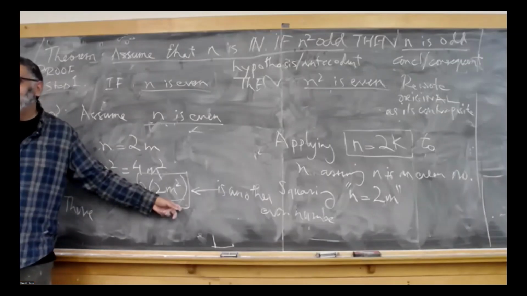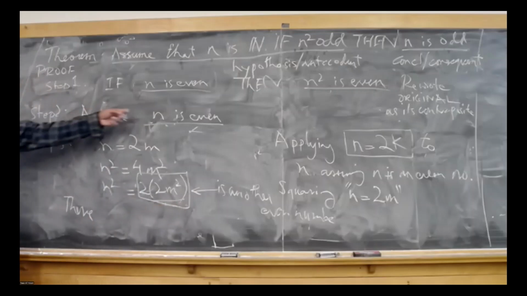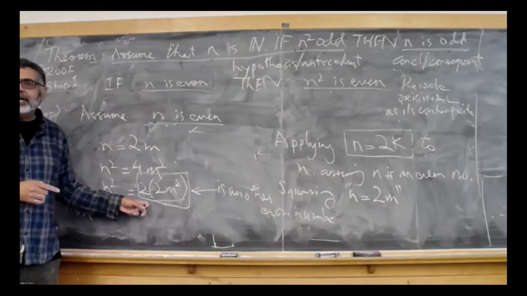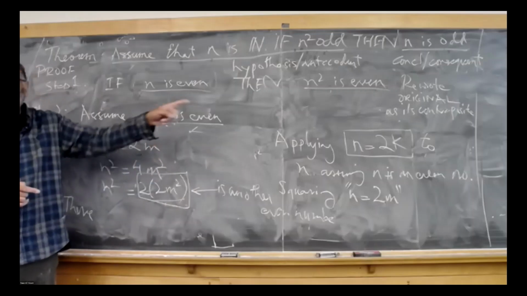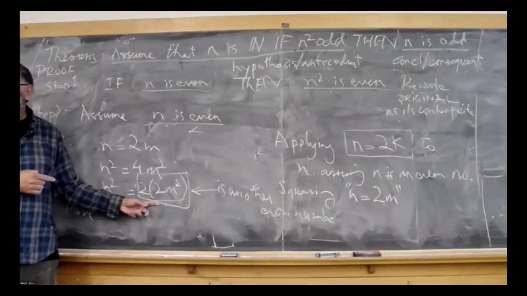It's such a simple proof that it's kind of confusing, but since we assumed n is even, the square of the even number better be even. And we prove that it is even because what is on the right-hand side looks like 2k. It has a factor of 2 in it.